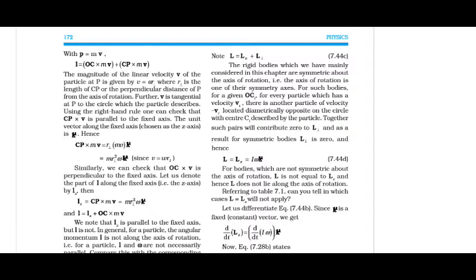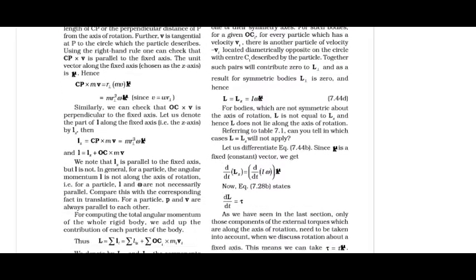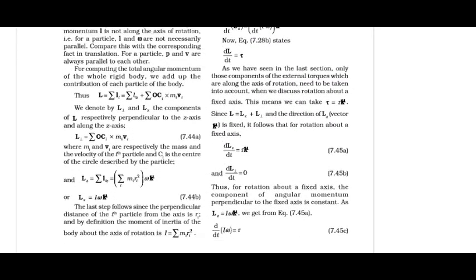Now, equation 7.28b states that dL by dt is equal to tau. As we have seen in the last section, only those components of the external torque which are along the axis of rotation need to be taken into account in the discussion of rotation about a fixed axis.